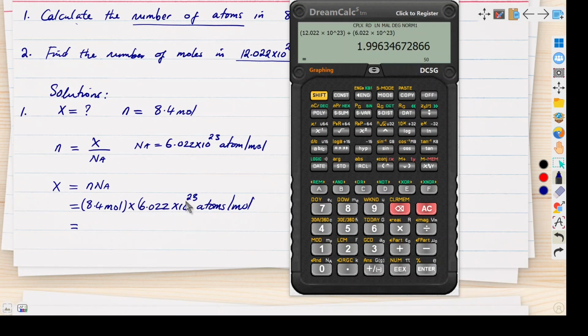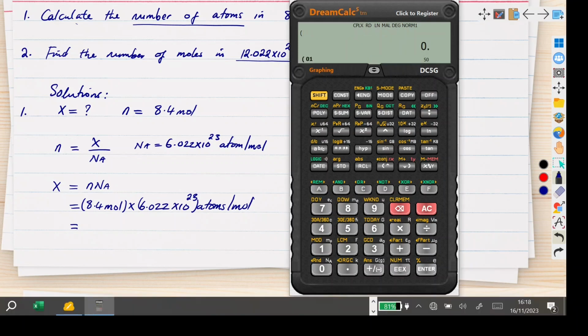So you open brackets, 8.4, close brackets, then times, open brackets, 6.022 times 10 to the power 23, then you close, then you say equals, then you see the answer there on the screen.